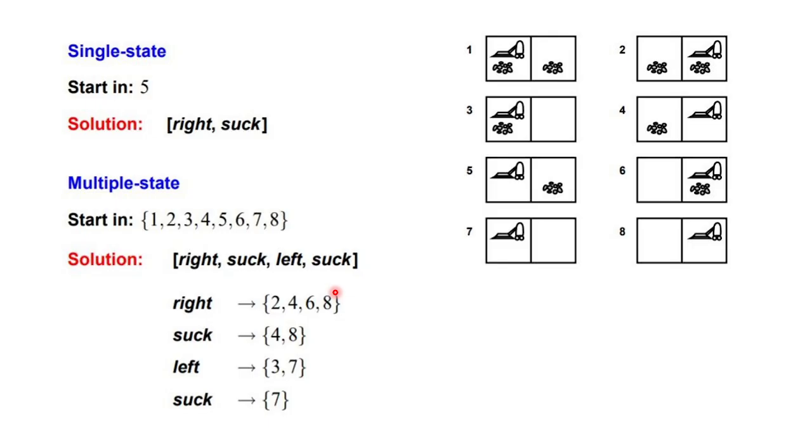If you start in 5, this is your initial state. Then you go right and suck. This is only for this particular state. If you have multiple start states, like you can start at 1, 2, 3, 4, 5, 6, 7, any of the possible states, then your solution will be move right, then perform the actions.